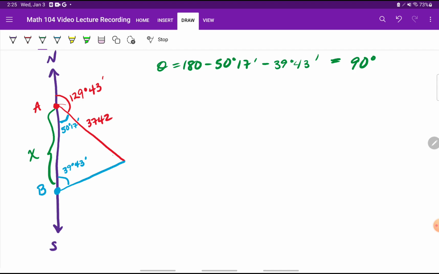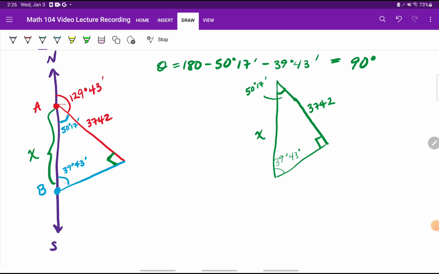So we know now that this is a right triangle. I'm going to draw a breakout. Now we know this angle up top here, but honestly we don't need it. We needed it to prove that we had a 90, but we don't need it for the calculation.